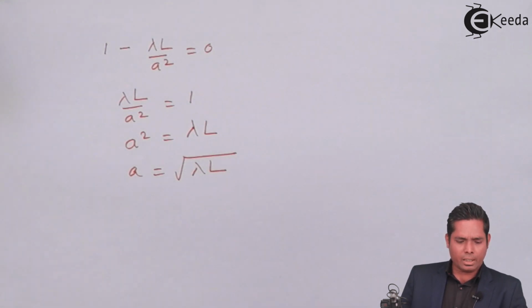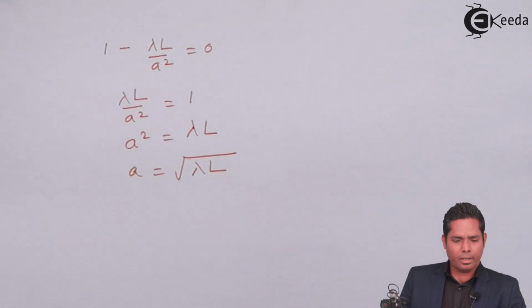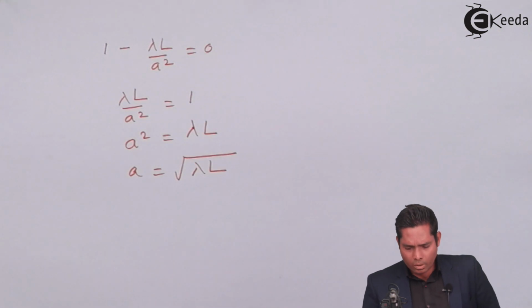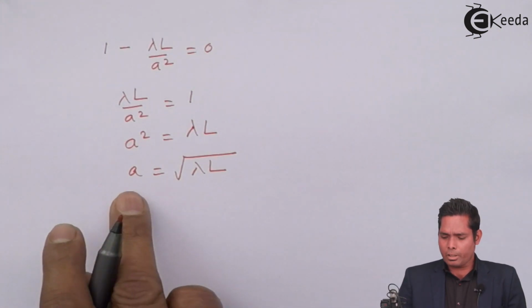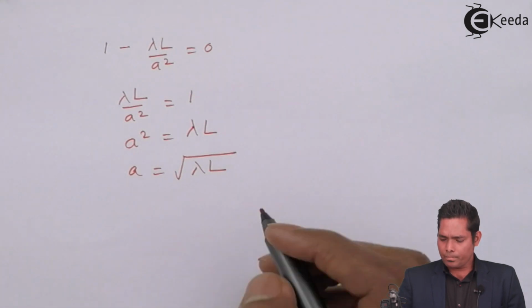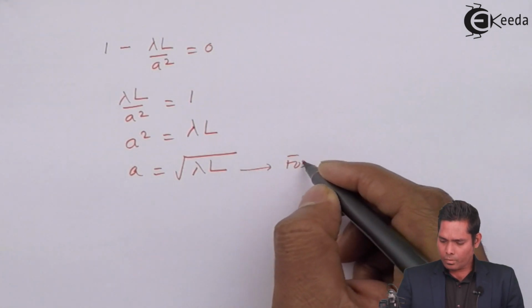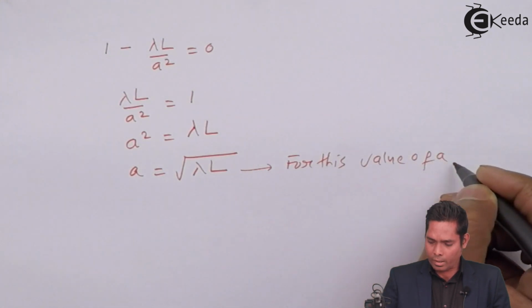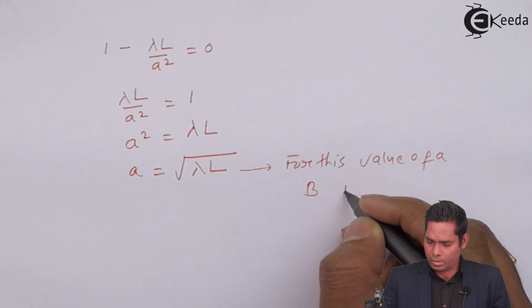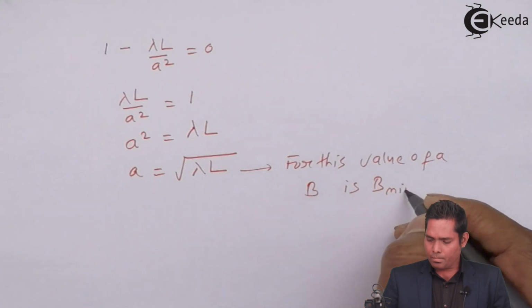After we get the A value, I substitute that A value in, because this is the value of A for which B is minimum. For this value of A, B is B minimum.